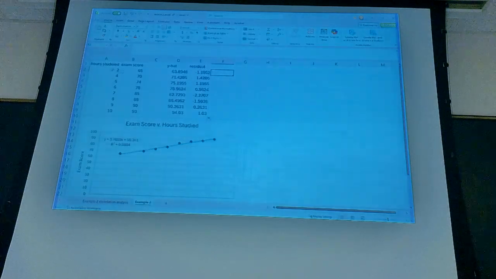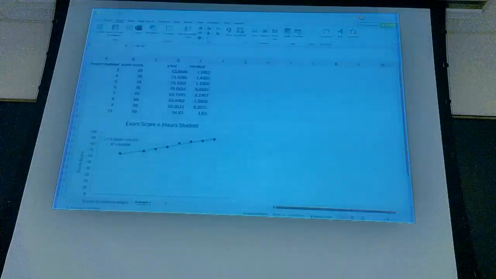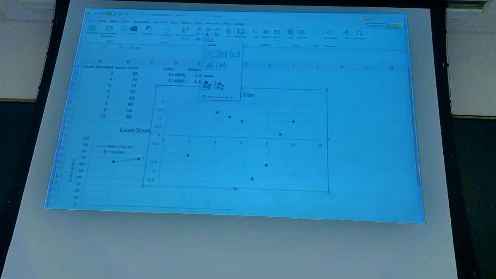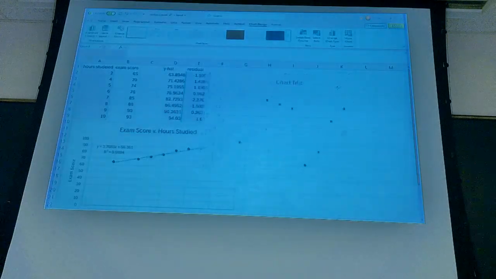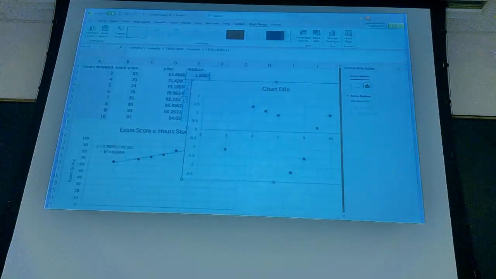So here's what I want to do. X, residuals, and then just a scatter plot. Except I think they mixed it up. That's not what I want. So I'll double click.